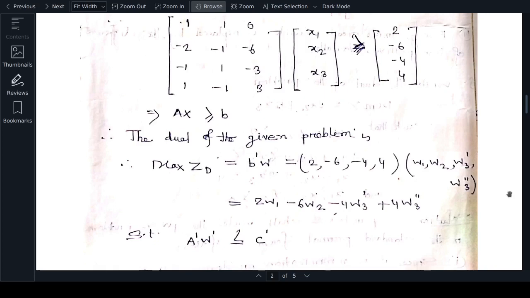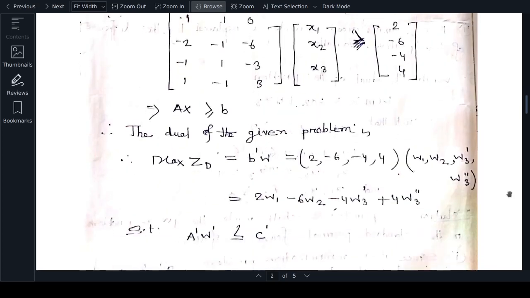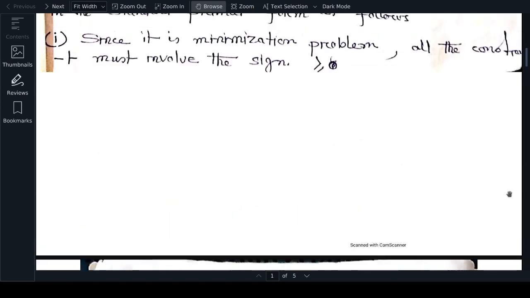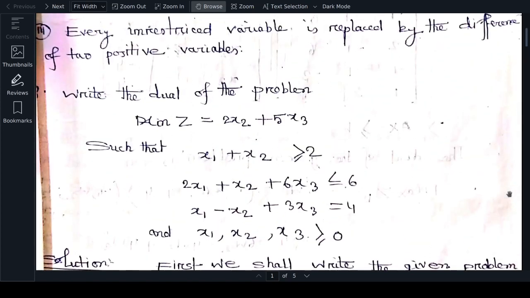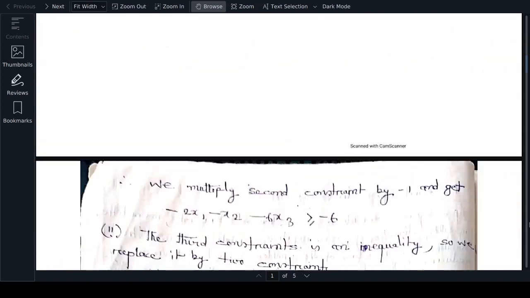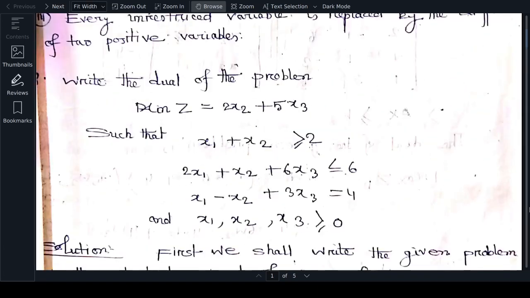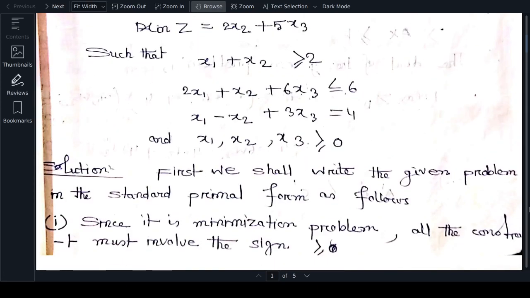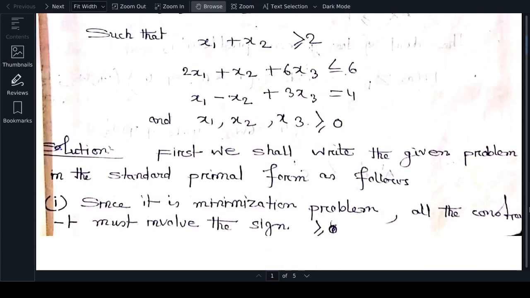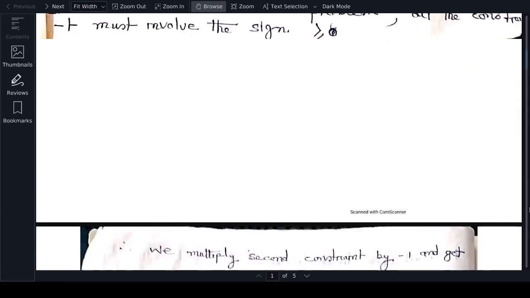Okay, so here you go to the original primal problem. The first constraint symbol is greater than or equal to, the second constraint symbol is less than or equal to, and the third constraint symbol is equal to. So how many equality symbols are present in this equation? One equality symbol is present in the constraint.